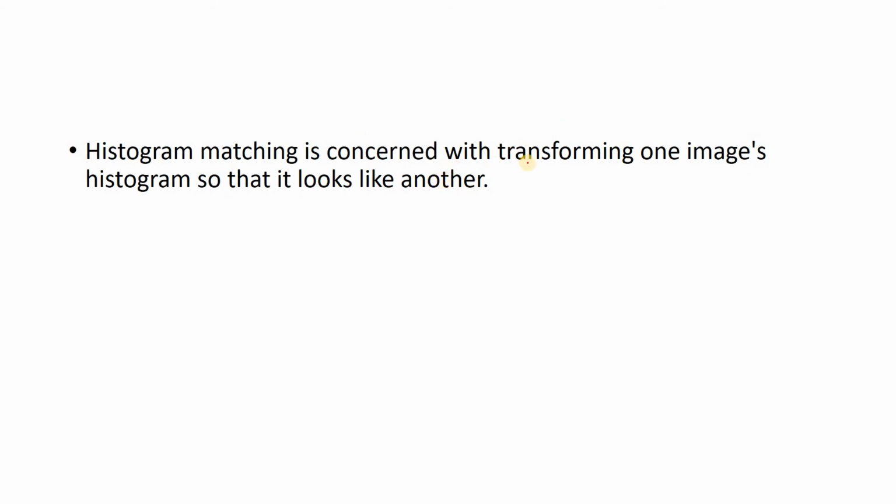Histogram matching is concerned with transforming one image's histogram so that it looks like another histogram. That other histogram might be the histogram of another image. So you can consider the situation like this: you have one image, you have another image. For this image you have one kind of histogram, and for the other image you have another. Suppose this histogram is H1 and the other is H2.